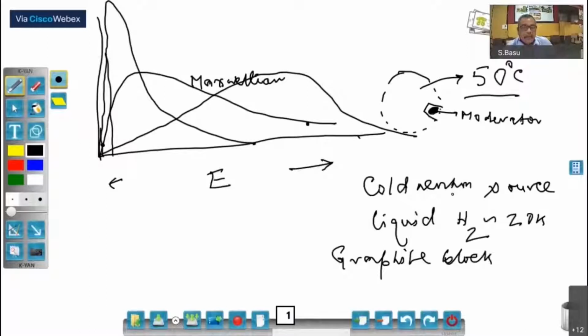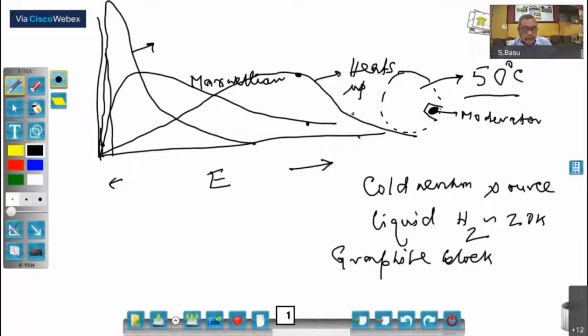So these graphite blocks actually, like this one cools the neutrons, this one heats them up. And the neutron which emerges from this graphite block will be at a higher temperature. The Maxwellian Boltzmann is shifted and you have gains over here.